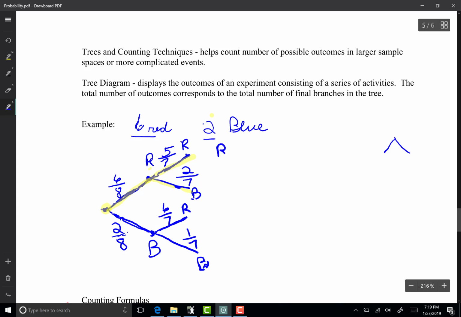So that means probability of red on first draw and red on second draw. So when you follow your path from the beginning to the end, that's the multiplication rule. So we have the probability of red on the first and red on the second is 6/8 times 5/7.